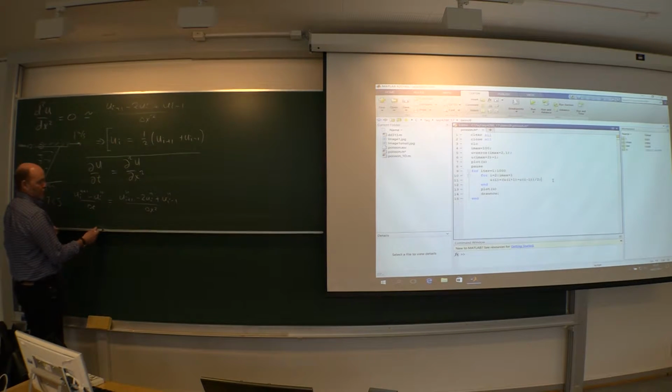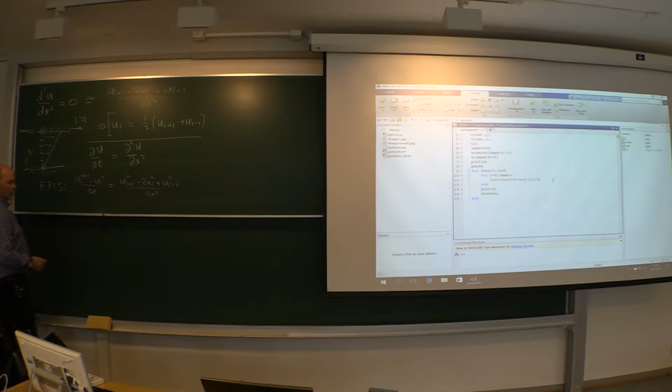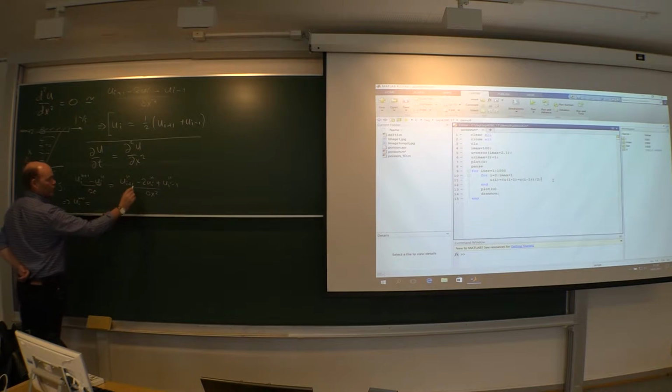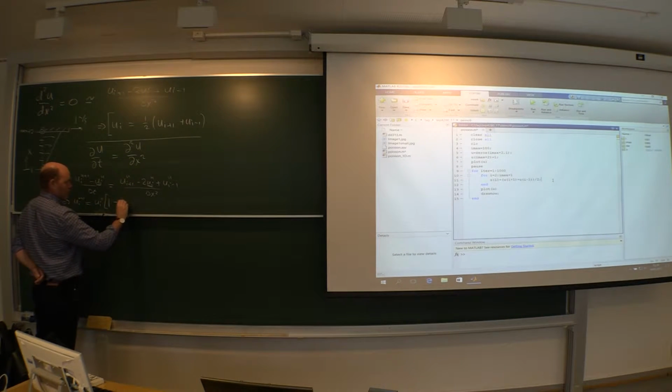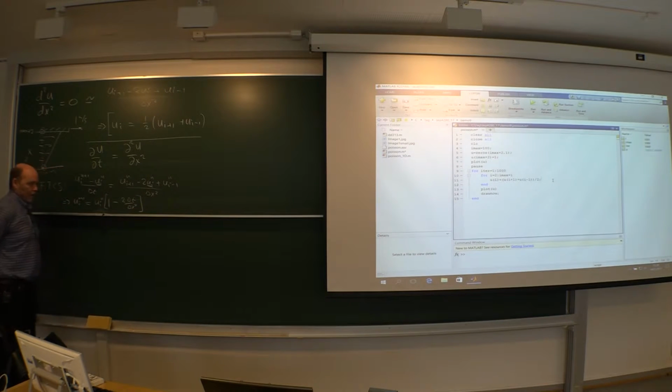And rewrite that one. Then you will have it on the form u_i^{n+1} equals, and then you throw everything else on the other side. So you have the center point here. u_i^n should now be multiplied with 1, and then you will have minus, something like 2 times delta t over delta x square.